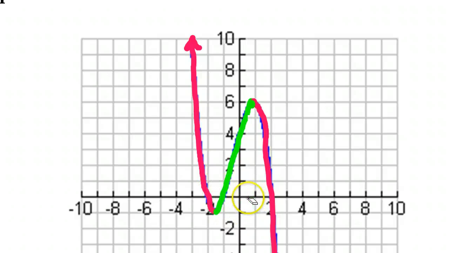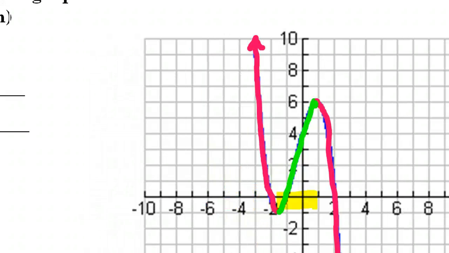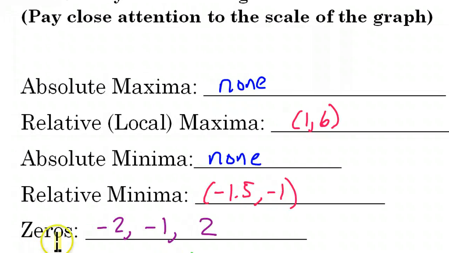Now these marks make it a little bit hard to see, so I'm going to take them away for a second. But just remember, it was like this. So about like this is my increasing interval if I look at the x values. That seems to be like negative 1.5 to something close to 1. So we're just doing the x values.